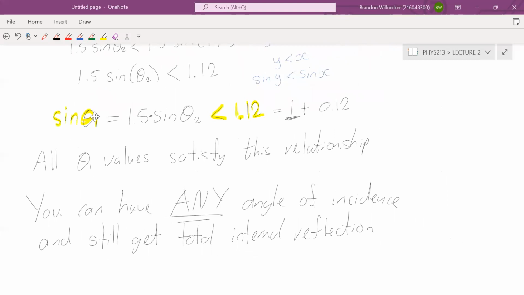So this shows us that you can have any angle of incidence, okay, the theta 1 angle of incidence, and you would still get total internal reflection for the fiber optic cable.